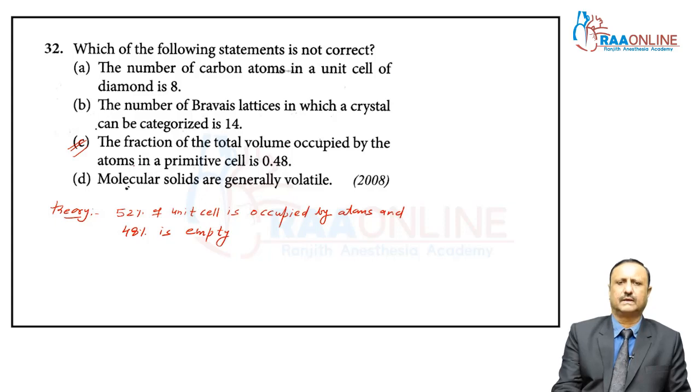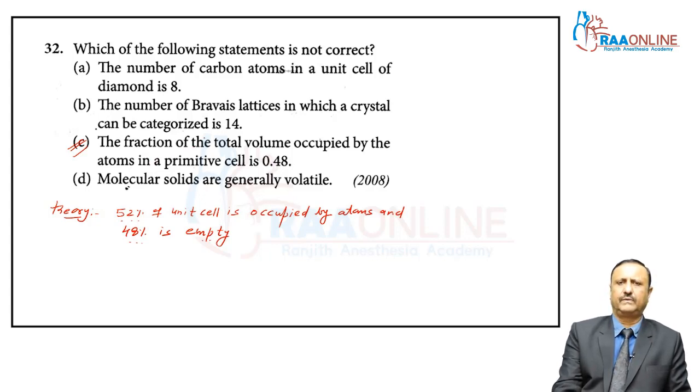So here you can see the fraction of the total volume occupied by the atoms in a primitive cell is 52%, while 48% is empty in the unit cell. So it is not a correct statement.